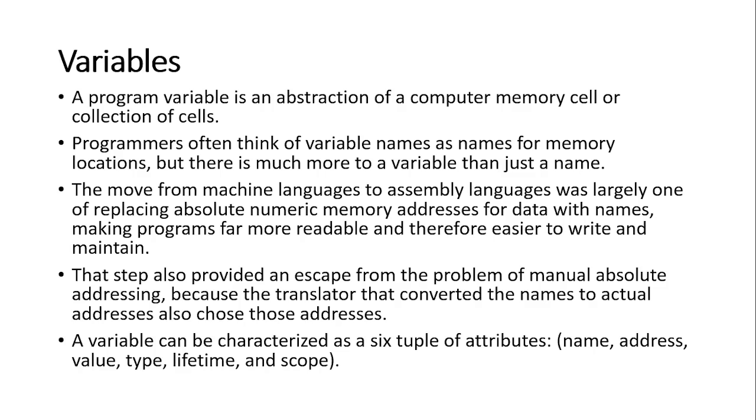So a variable can be characterized as a 6-tuple of attributes: name, address, value, type, lifetime and scope. So a variable has these attributes.